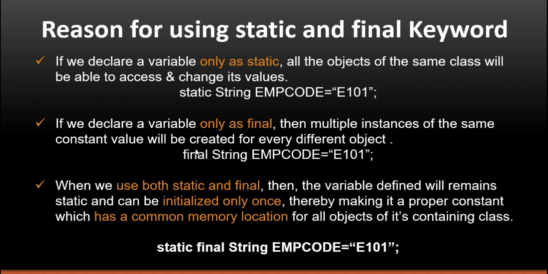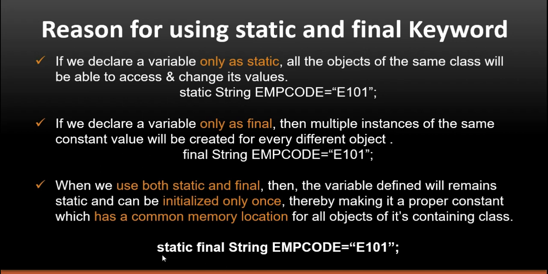If you are using static and final keyword together, then the variable will be defined only once, making it a proper constant which has a common memory location for all objects. It is not going to occupy memory for each and every object. The important point is that it is created only once for all objects.